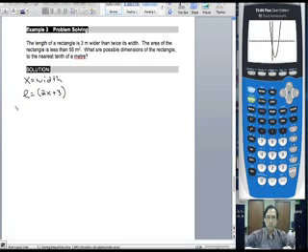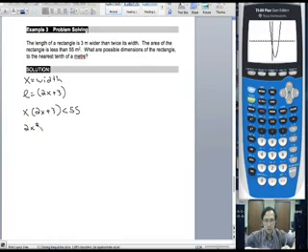Okay, so length times width. And then when we put it in here, the area is going to be equal to the length times the width, so that's x times 2x plus 3, and it's less than 55, not less than or equal to, but less than, so we pop that in there. Okay, from there, once you get this as a quadratic, then you're starting to fly. The rest is easy after this.